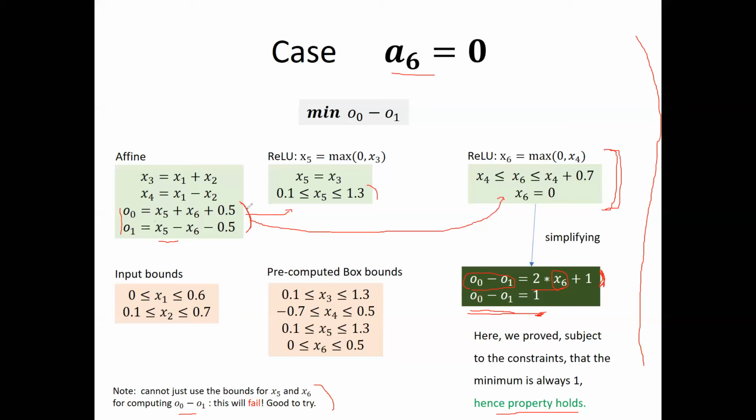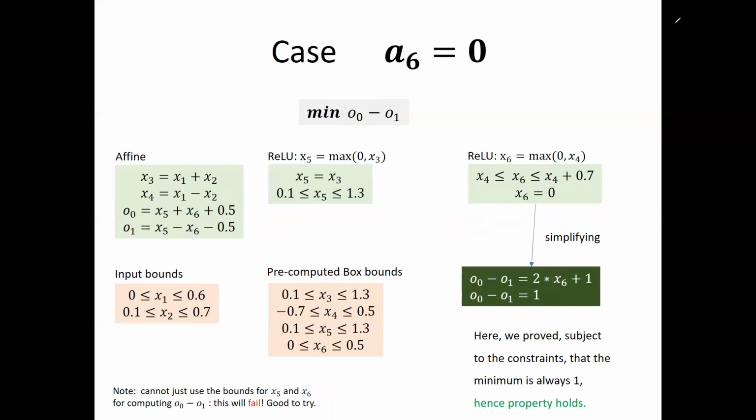You need to use all the constraints, which is what the linear programming will do, and compute that O0 minus O1 is 1 here. So in this whole linear programming instance, you're able to prove that the property holds. But that's only one of the linear programming instances that would be generated here.